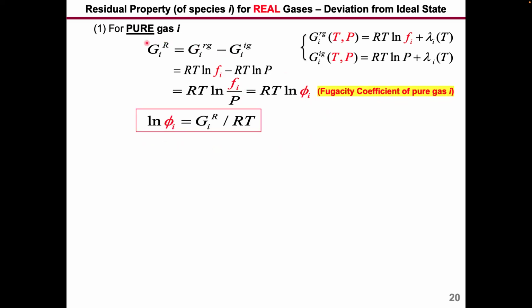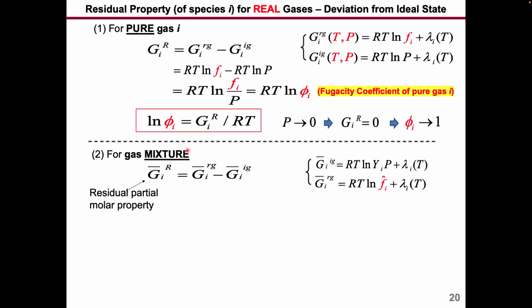And then if you look at this equation, right, natural log phi_i is going to be equal to G_i^R divided by RT, okay? All right, so when P goes to 0, the system behaves like an ideal gas, so G_i^R is equal to 0. If this goes to 0, then phi_i goes back to 1, okay?